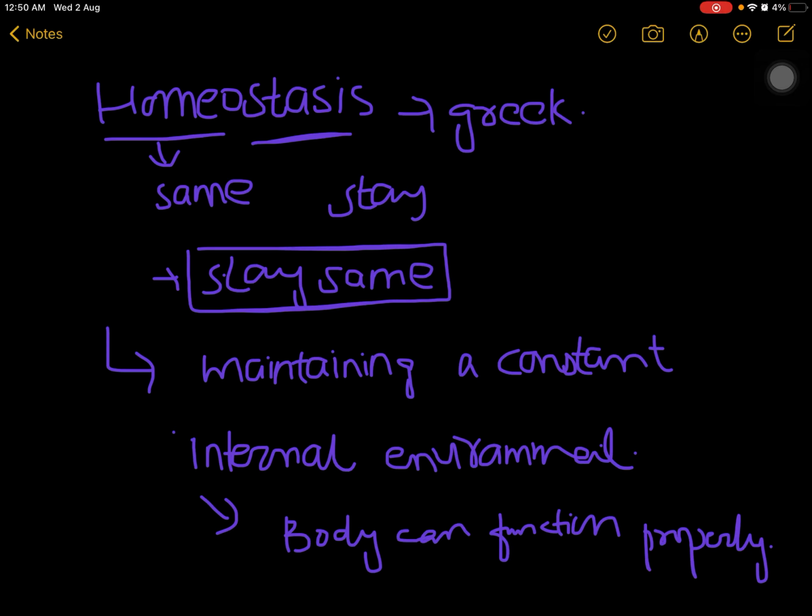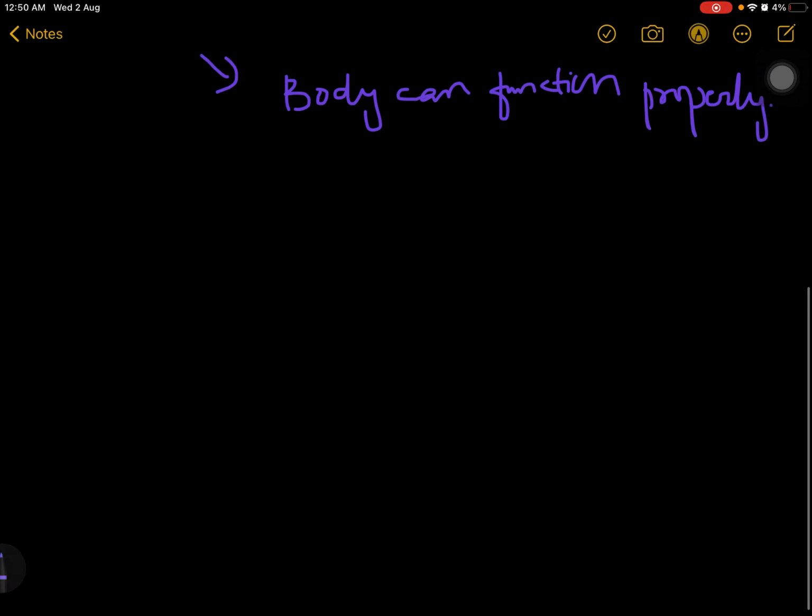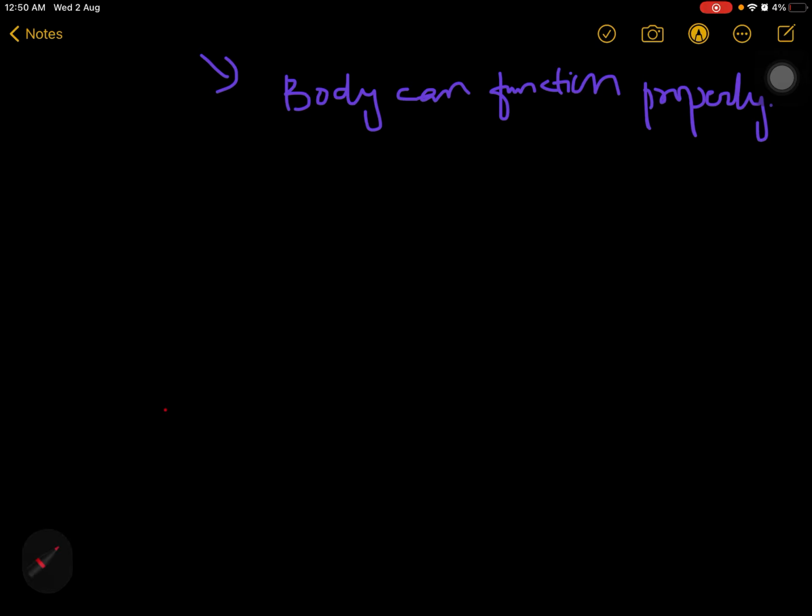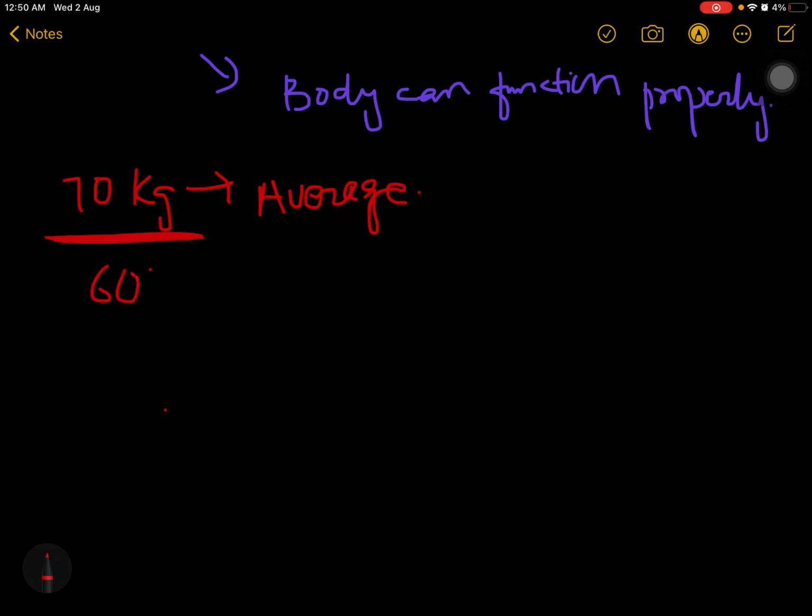For example, the weight of the average person is 70 kg, and the person has 60% of water in it.